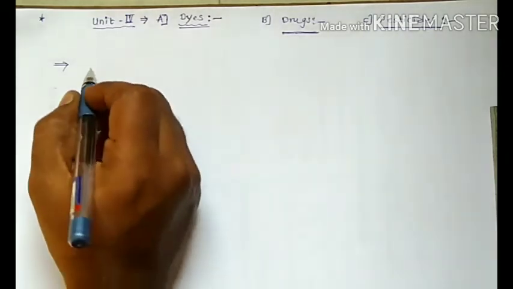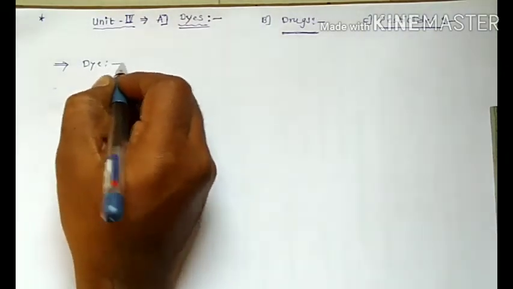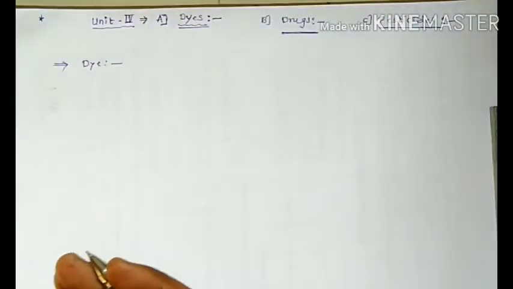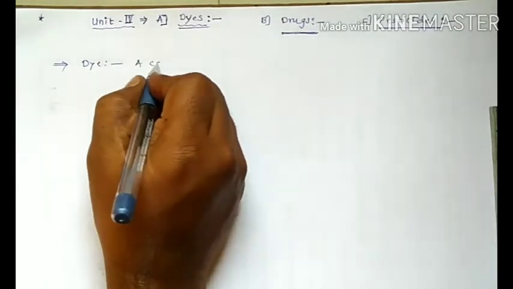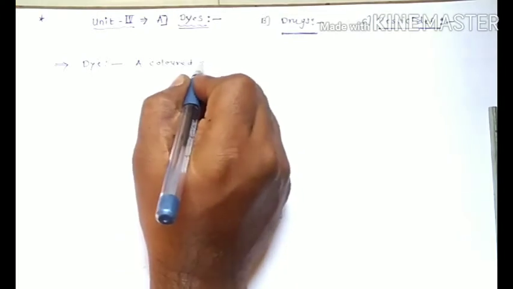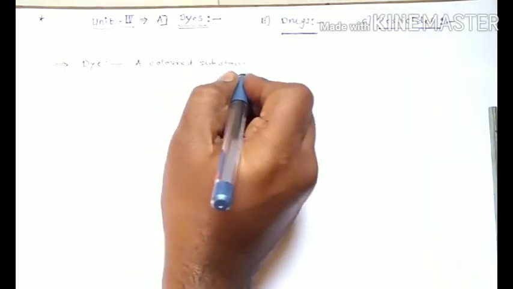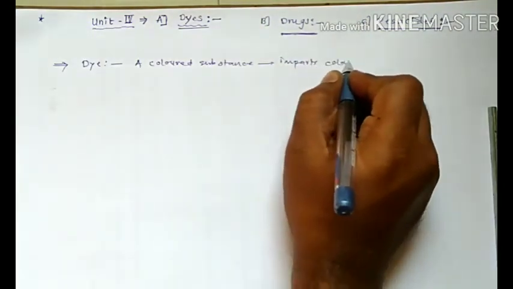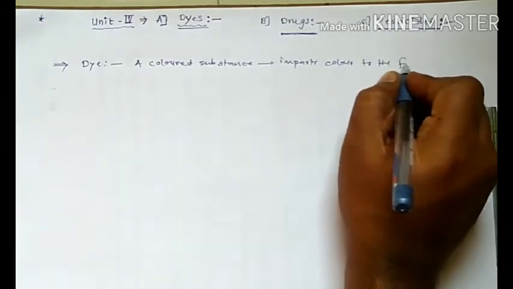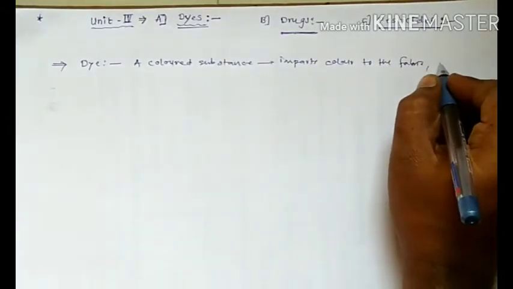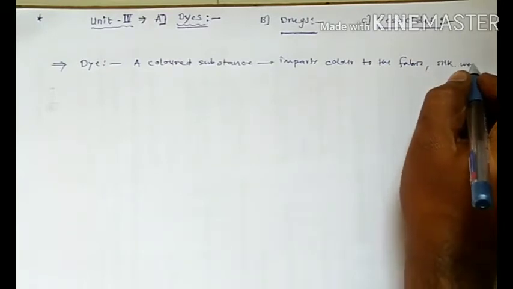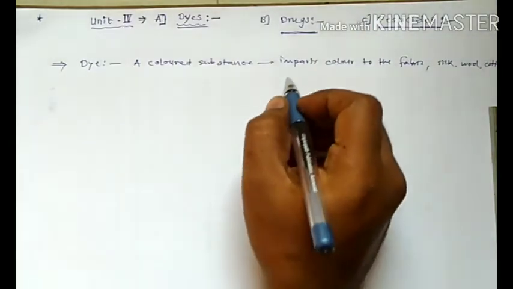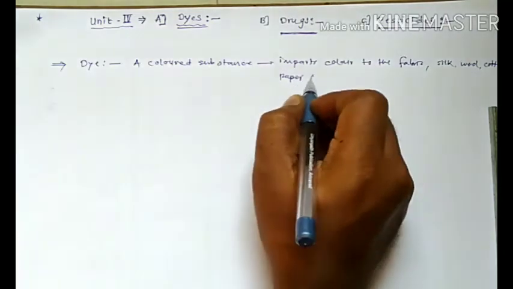So let me go ahead with the dyes. What is a dye? It is a chemical substance, or you can say a colored substance, which imparts color to fabric like silk, wool, cotton, even paper and leather as well.